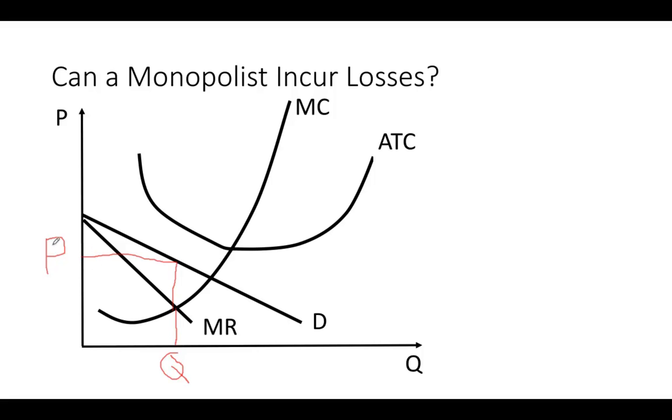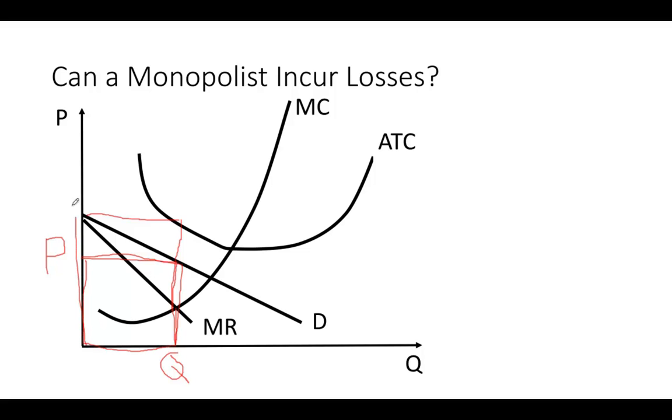So your total revenue is the price times the quantity. So it's this large rectangle here. It's your revenue. Your cost is the quantity multiplied by the average total cost of producing that quantity. So that's your cost.